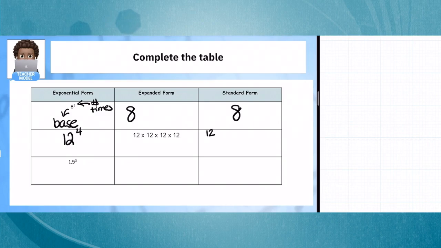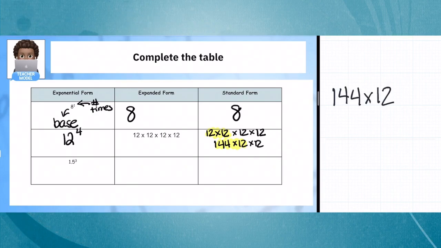Well, I know that 12 times 12, actually I'm going to write it all out. That's how I figure out standard form. And we're going to do it piece by piece. 12 times 12 is 144. Times 12, I'm going to have to do it a second time. Times 12 gives us 1,728.